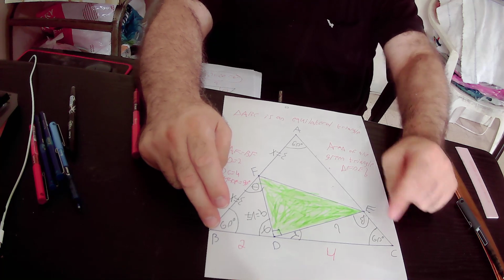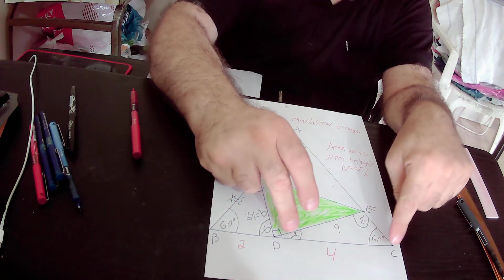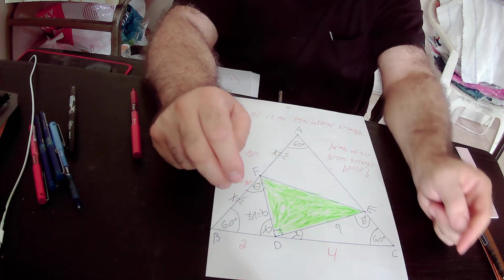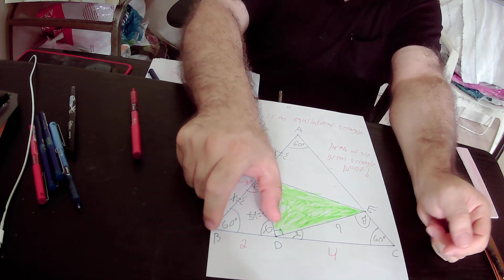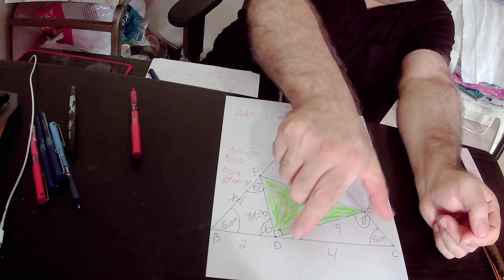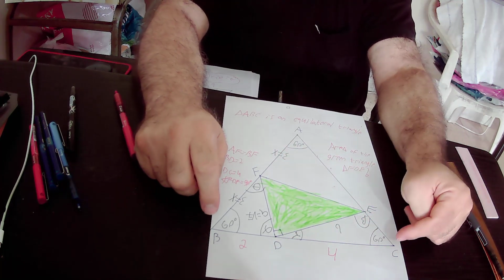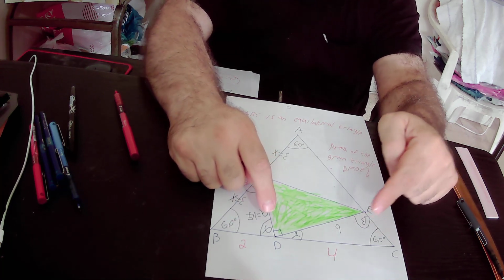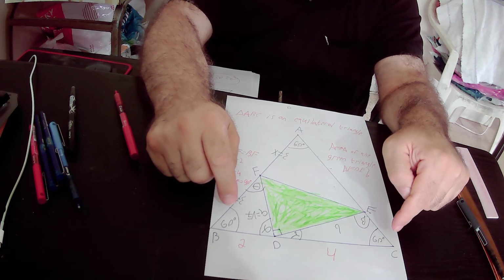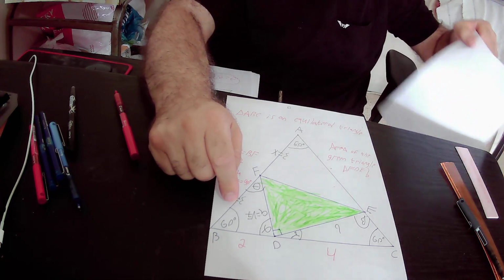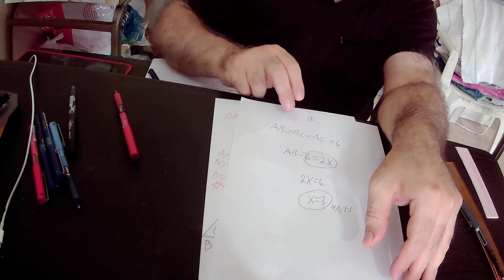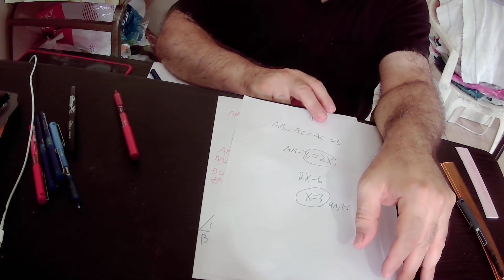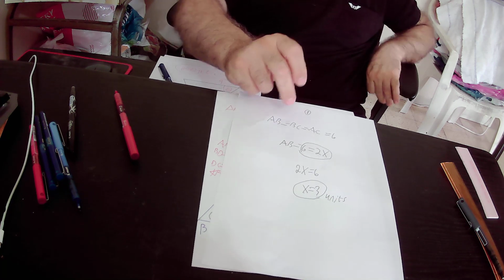BC equals BD plus DC. But we know that BD equals 2 units and DC equals 4 units. So BC equals 2 plus 4, or BC equals 6 units. Therefore, all the sides of the equilateral triangle ABC equal 6 units, and especially AB equals 6 units.